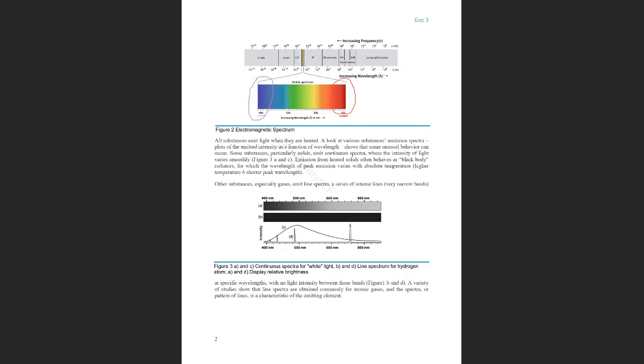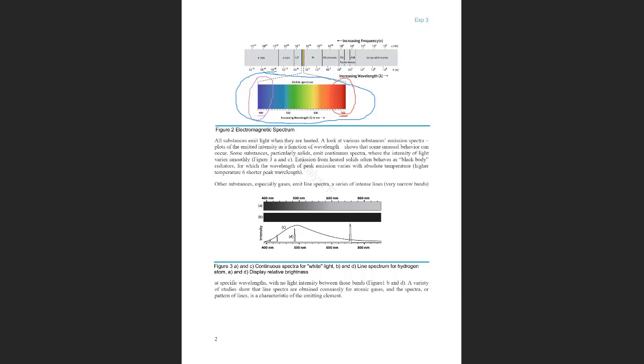Our eyes see the reflected light. So the collection of colors makes up the spectrum of the visible light, which is what we are seeing right here. The spectrum of the visible light.